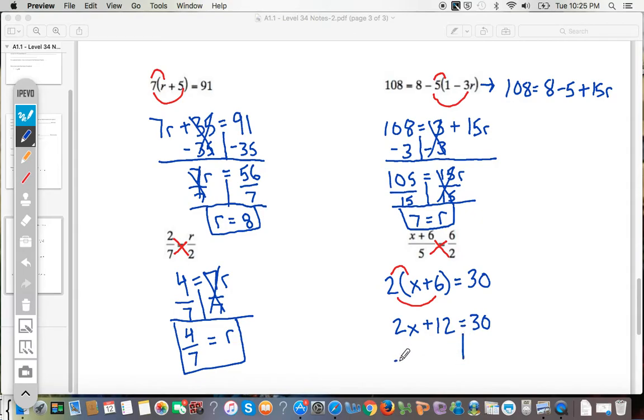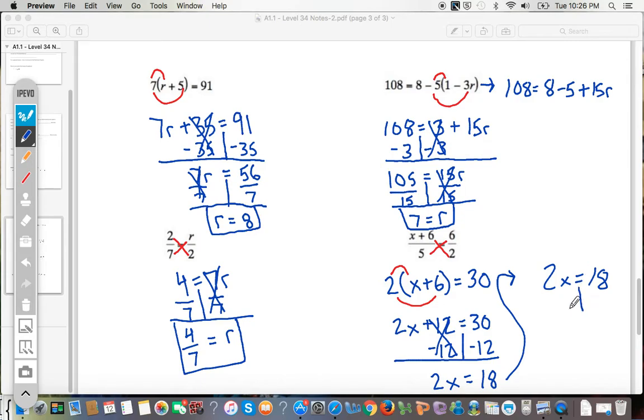So, now I have a two-step equation which I know how to solve. So I'll subtract 12 on this side. My 12's cancel. Subtract 12 on this side. So now I'm left with 2x equals 30 minus 12, which we know is 18. Okay, so I have 2x equals 18.